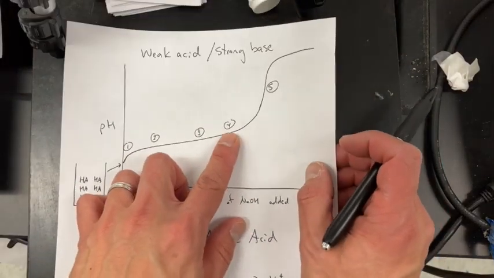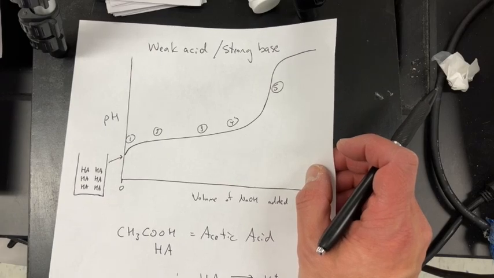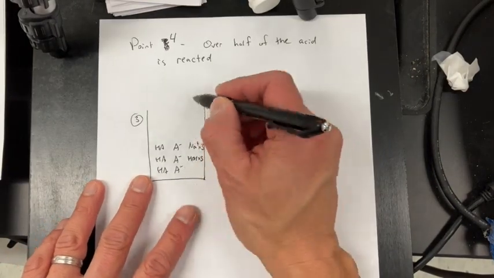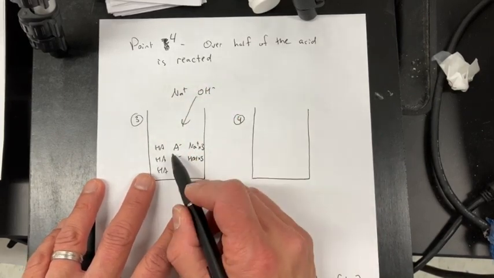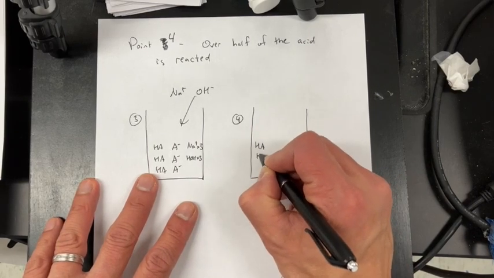If we march a little forward, we're going to go on to point 4 now. So point 4 is just a little bit past the half equivalence point. What will happen? Well, I think you're starting to see a pattern here. We have 0.3 here where everything is equal. If I add another OH minus and Na plus, that's gonna give me another water. So I have HA, HA.